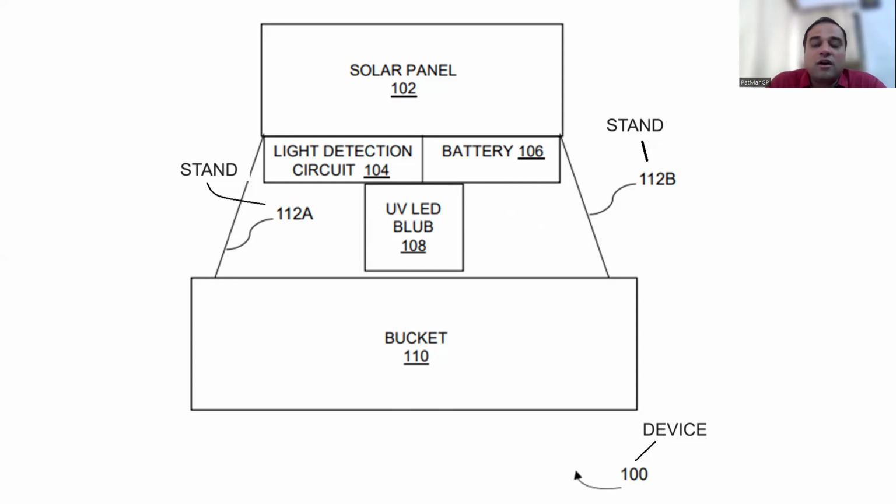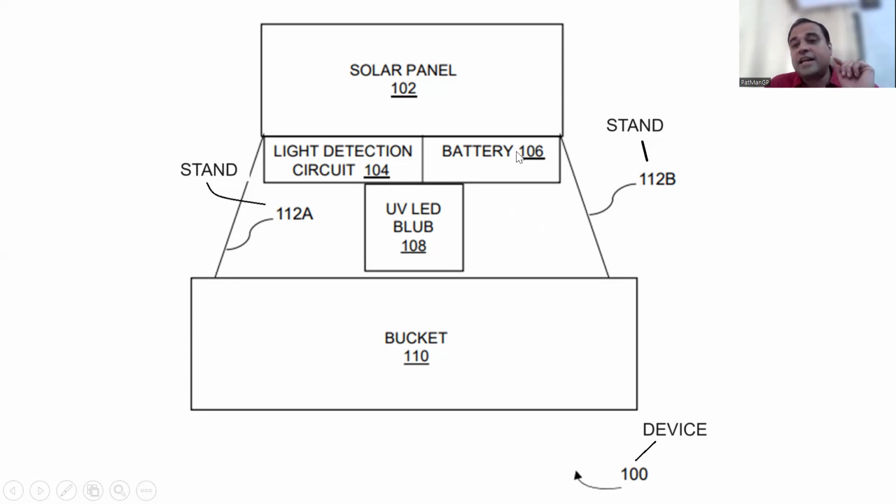Okay. Now, let me come to the working of this invention. So far as the working is concerned, this invention works in two modes, in dual mode. So in the first mode, that is during the daytime, when the sun is bright and the intensity of sunlight is very high, the solar panel absorbs the sunlight and that helps in the charging of this battery.